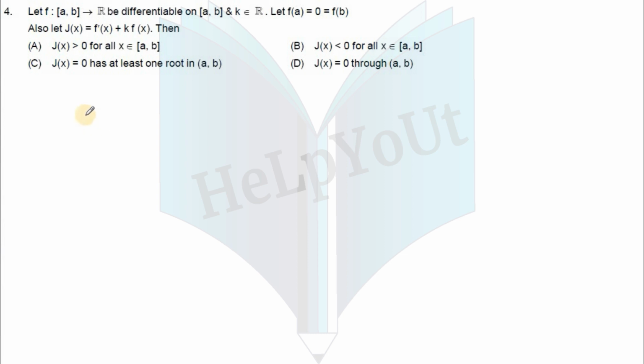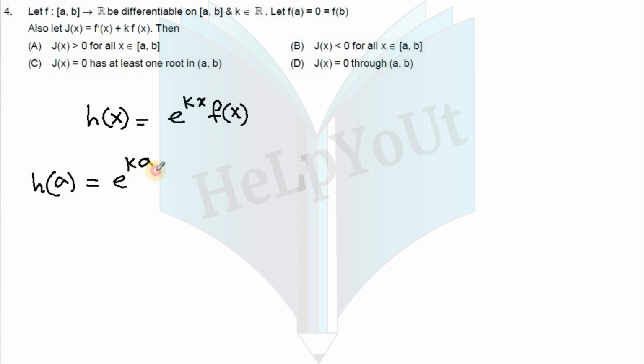For this question, you need a trick. You have to assume a new function h(x) equals e to the power kx times f(x), where f(x) is the same as this f(x) and k is the same constant here. So for h(x) we get h(a) equals e to the power ka times f(a), and f(a) was 0, so h(a) equals 0.